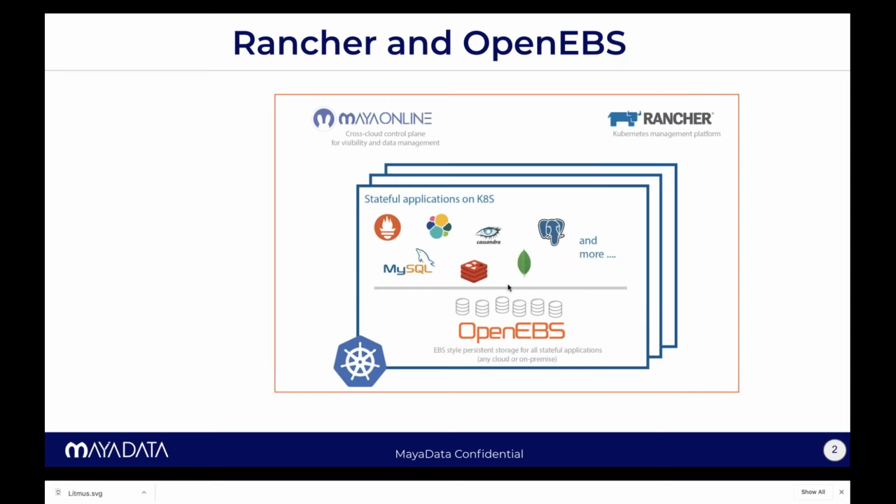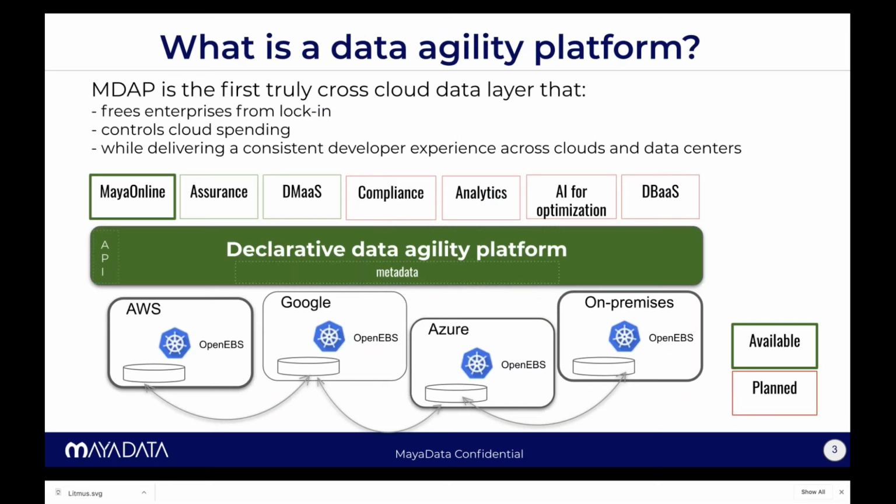What Maya Data provides is, of course, it's the sponsor behind the OpenEBS and Litmus projects. We're also working on Node Disk Manager, as Murad demonstrated. NDM is completely open source, and we're hoping that it will be upstreamed to Kubernetes at any time.